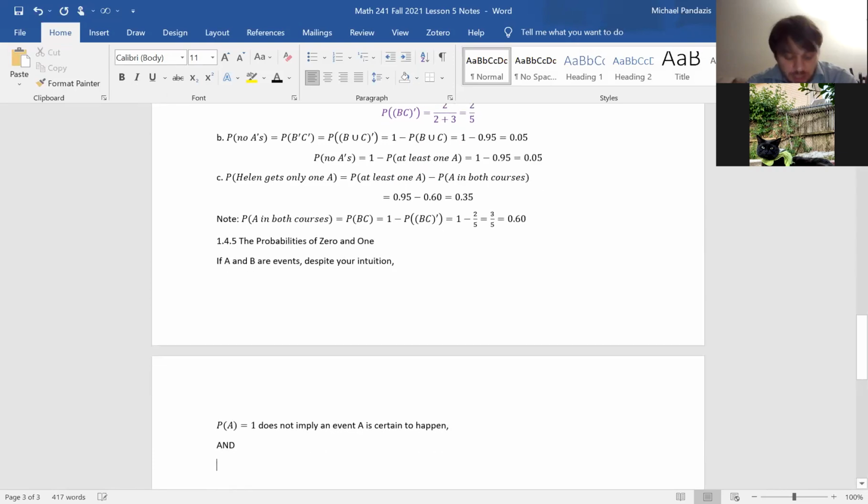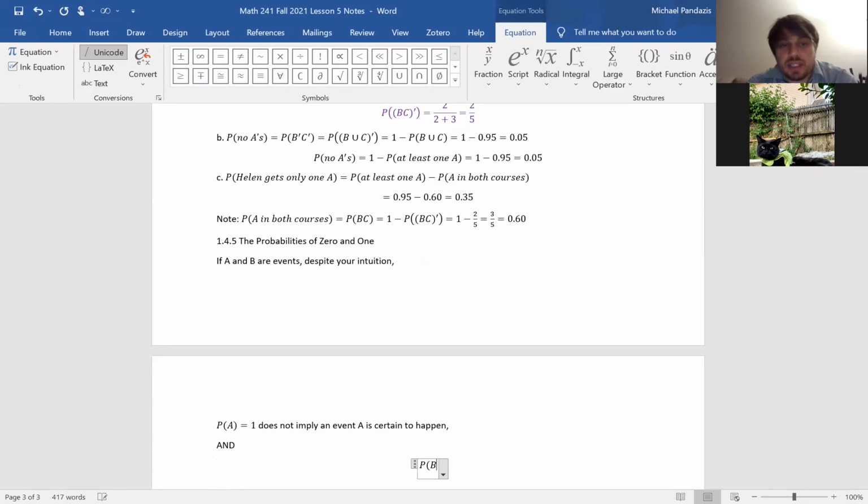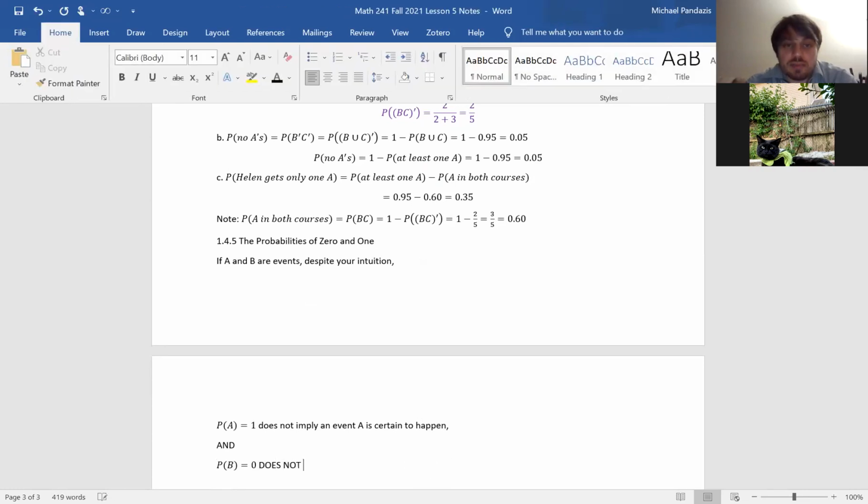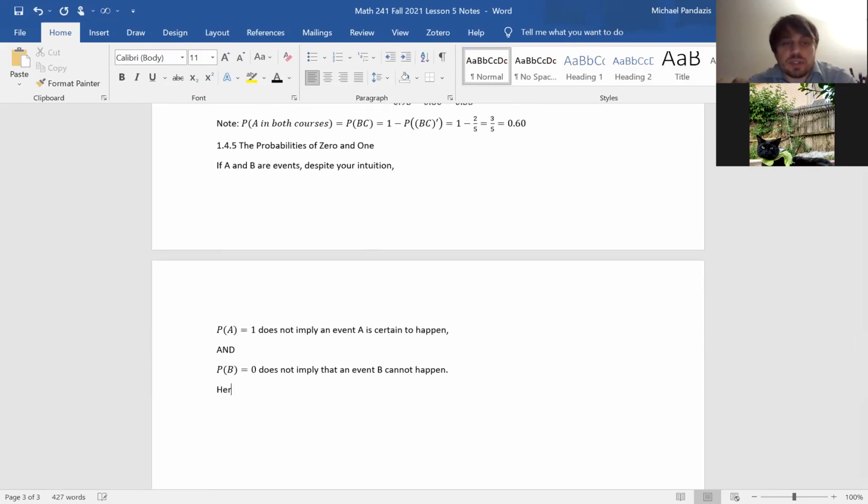And the probability of B equaling 0 does not imply that event B cannot happen. Okay, and so here's an example illustrating that.